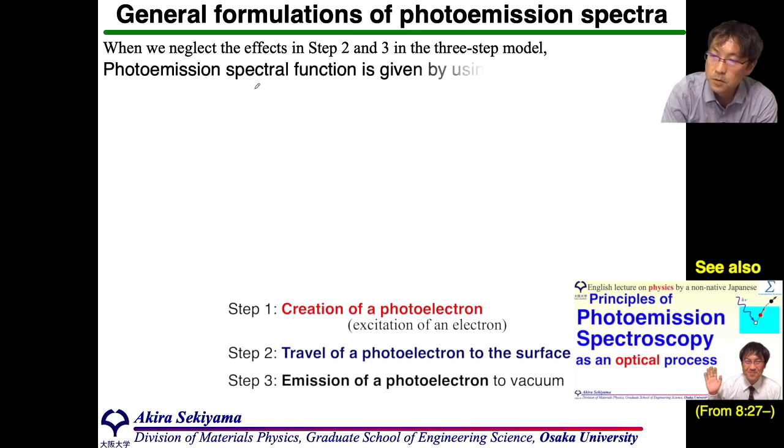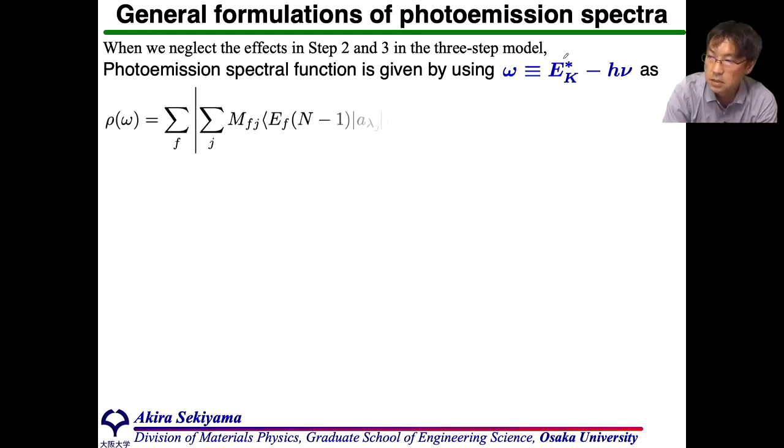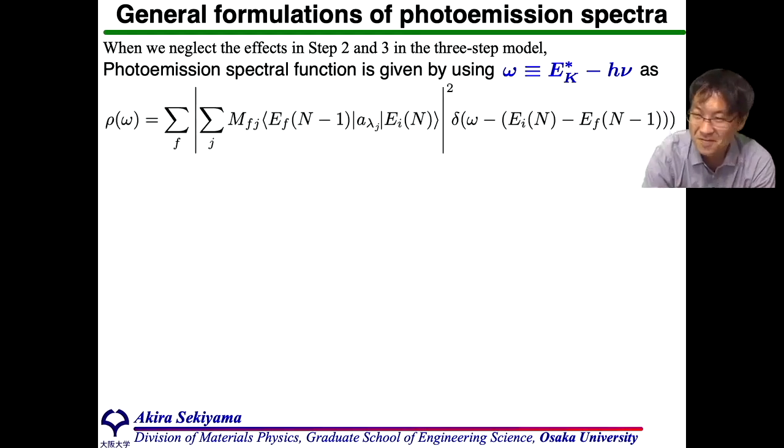Then the photoemission spectral function is given by using this energy ω defined as E_k* minus hν. E_k* means, in the case of a solid, the energy from the Fermi level, and in the case of an ion, the same as E_k measured from the vacuum level.